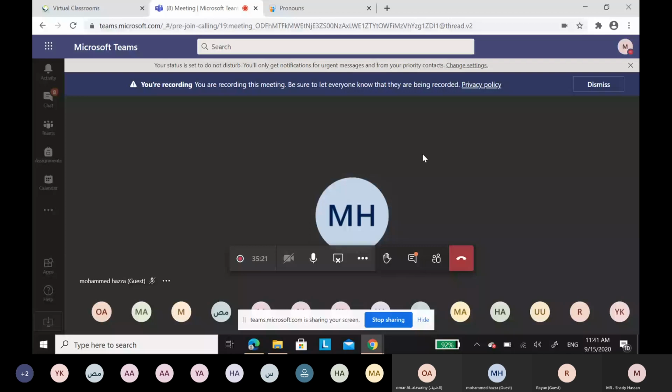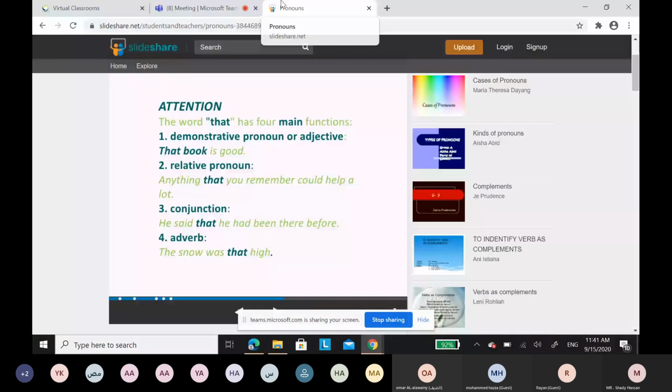So let's go ahead. We are discussing that, and we said that we can use that as a demonstrative pronoun. For example, that book is good. We can use that as a relative pronoun. For example, when I say anything that you remember could help a lot, that in this sentence is a relative pronoun.